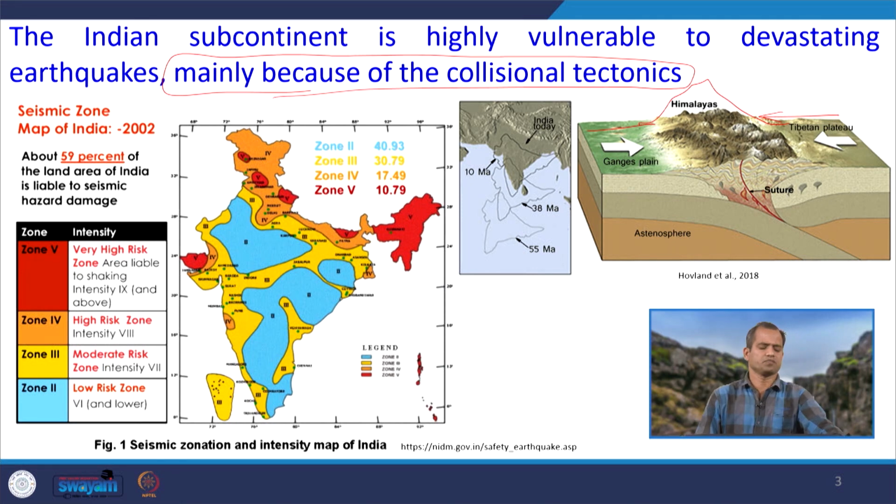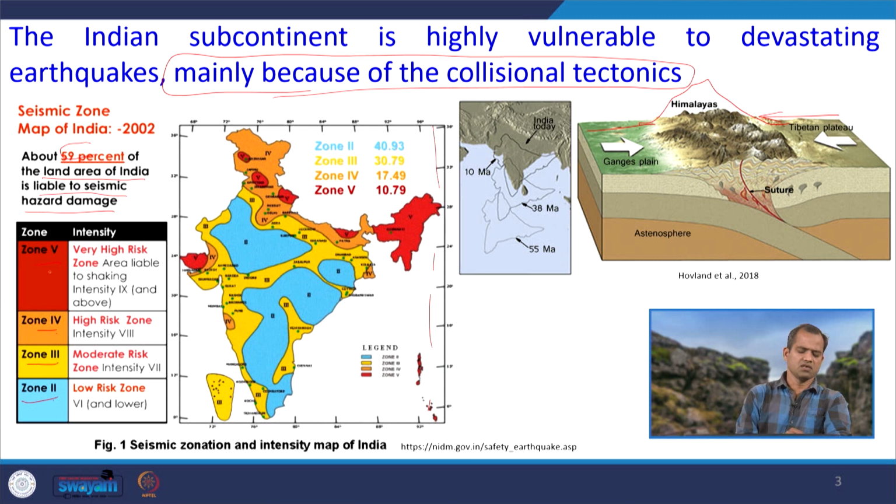However, about 59% of the land area of India is liable to seismic hazard damage, and this is the distribution of the different seismic zones. India is divided into 4 seismic zones, 2, 3, 4 and 5, and different color indices are given here.